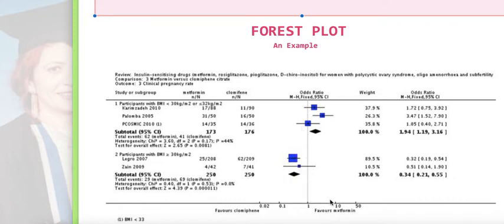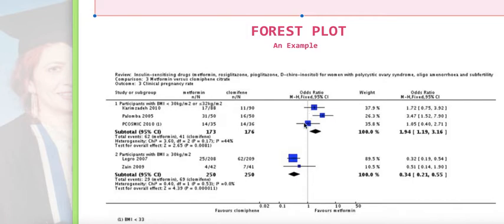As we said, sometimes there is an intervention on one side and a control group on the other side, but here we can see that there are interventions on both sides. Here metformin is mentioned and here it says clomiphene.